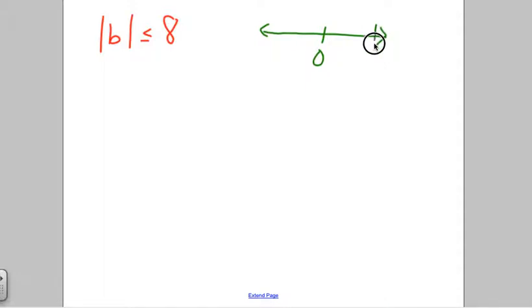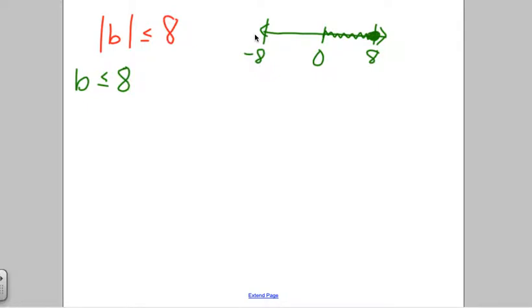Well, the distance from 0 to 8 here is 8 units, but we'll also have negative 8, that would be 8 units from 0 here. So what this is essentially saying is that b has to be less than or equal to 8 because the distance would be less than 8 units here, and I would shade to the left.